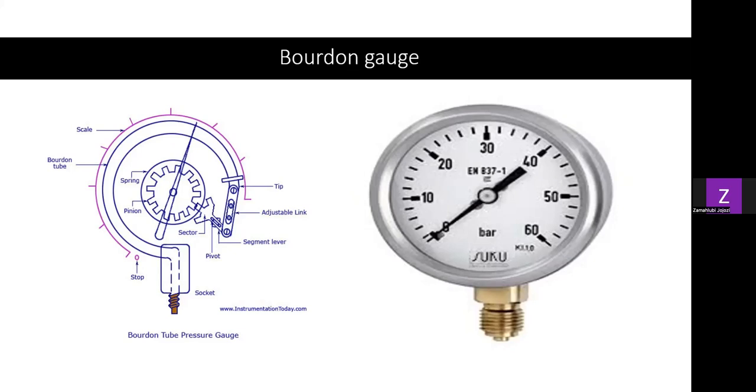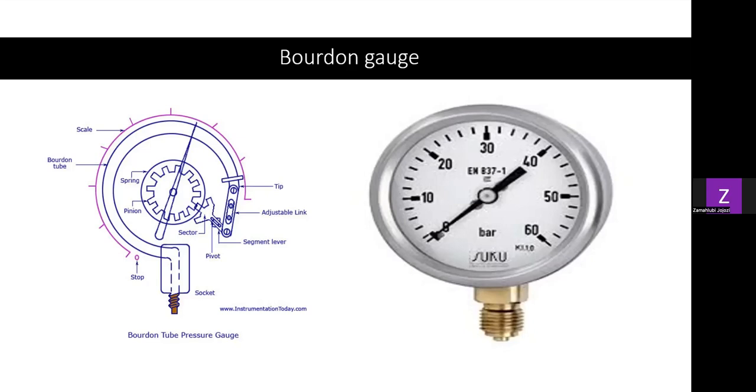In turn, it pulls on the adjustable link, which then pulls on the pivot, which adjusts the marker depending on the amount of pressure on the tube.